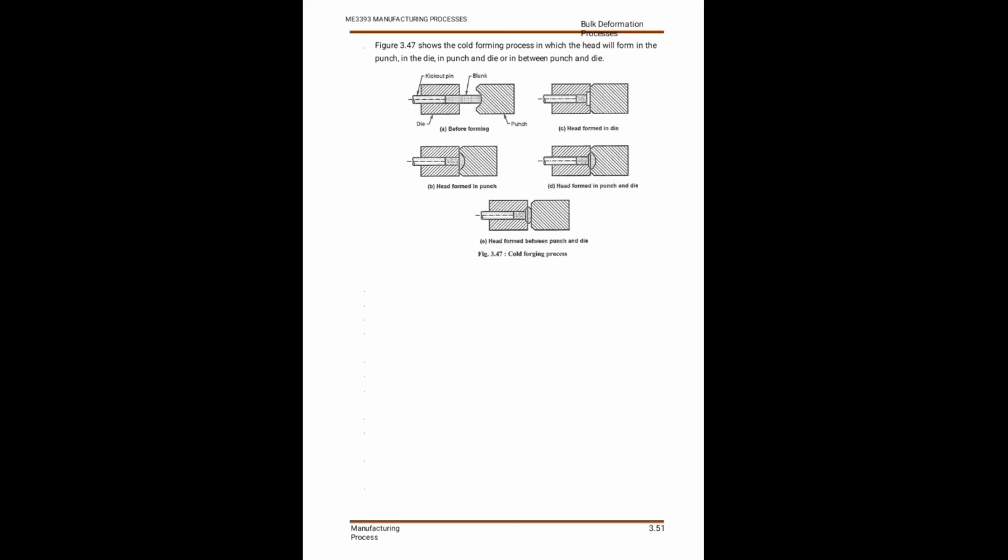The billet is loaded into the die and the punch applies force to the blank, so the blank forms a head in the shape of the punch. Different punch shapes produce different head shapes in a nail or any other small head forming, such as rivets or screws.